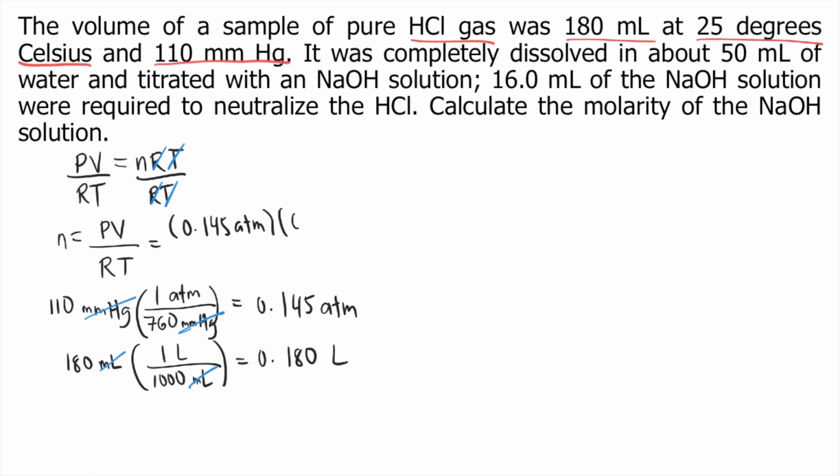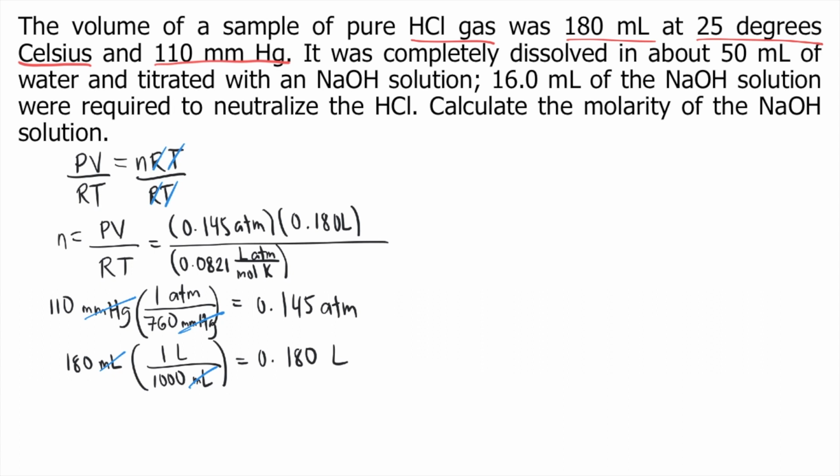Then you put that value into our formula. R is the gas constant, which you should have memorized by now. The value is 0.0821 liter atmosphere per mole Kelvin.